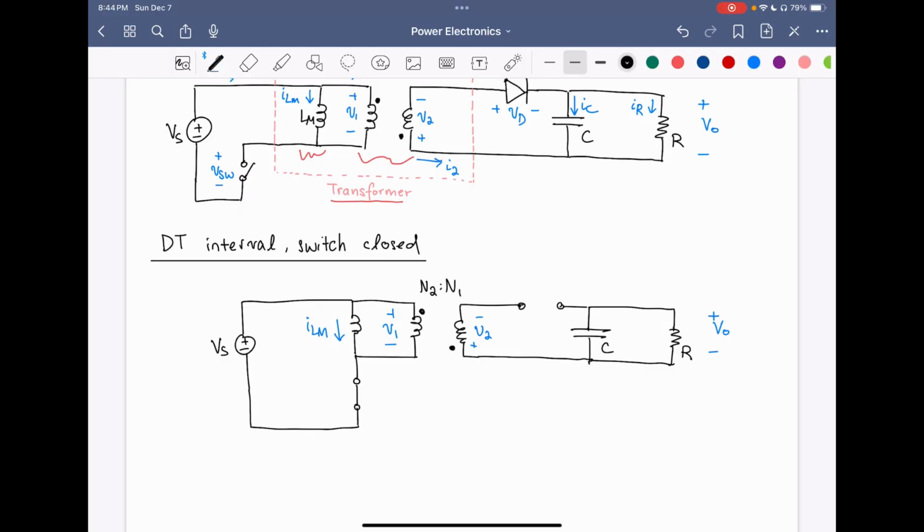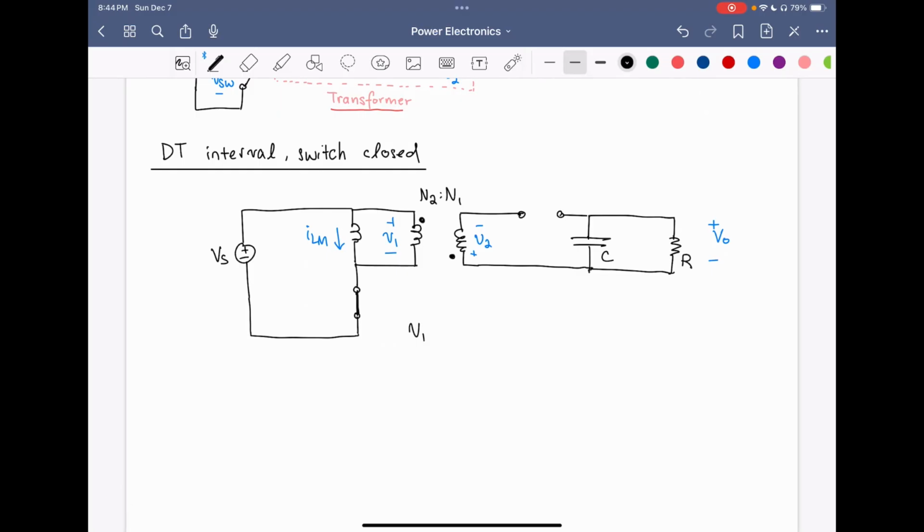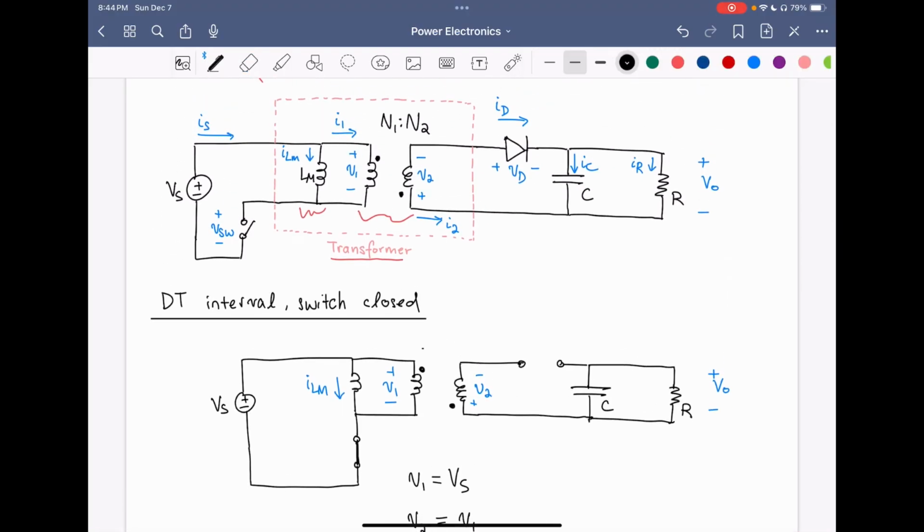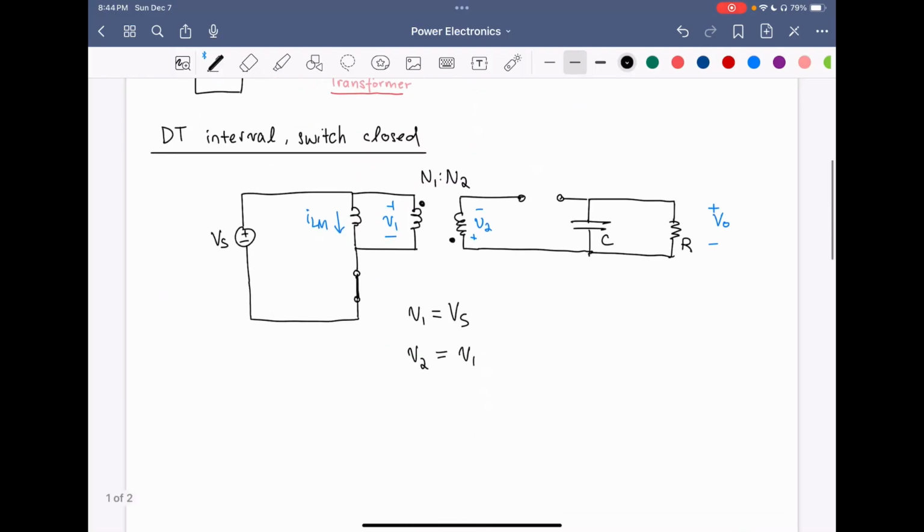All right, so the first thing we're going to realize is because the switch is closed, the primary side voltage V1 is going to equal the input source voltage Vs. And following this, because we know the property of the transformer, the secondary side voltage V2 is going to be the same as V1, but scaled by the turns ratio of N2 over N1.